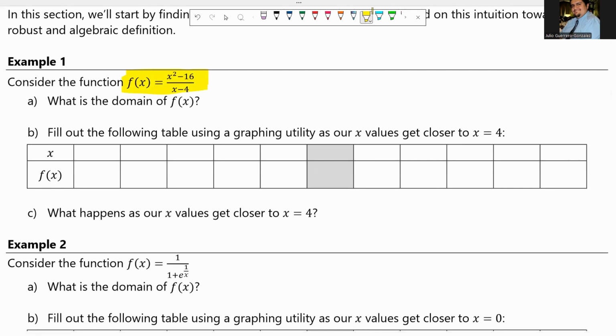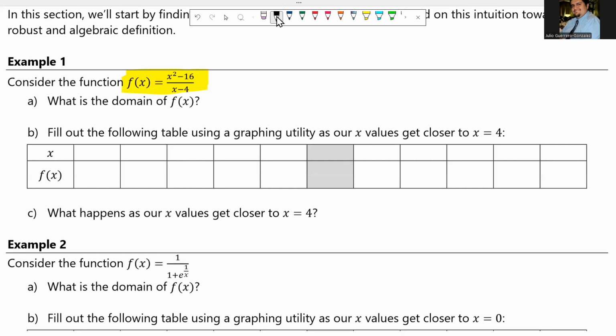First thing I'm going to do is find the domain. Hopefully you remember from the first couple weeks of class that the domain is basically all the possible x values that I can plug in that give me a valid value. The two things we can't do are divide by 0 and take the square root of a negative.